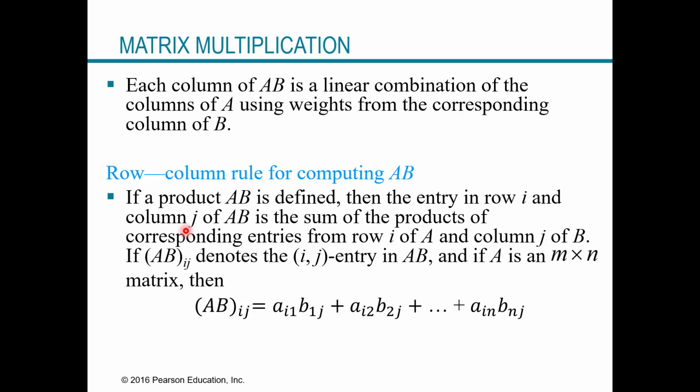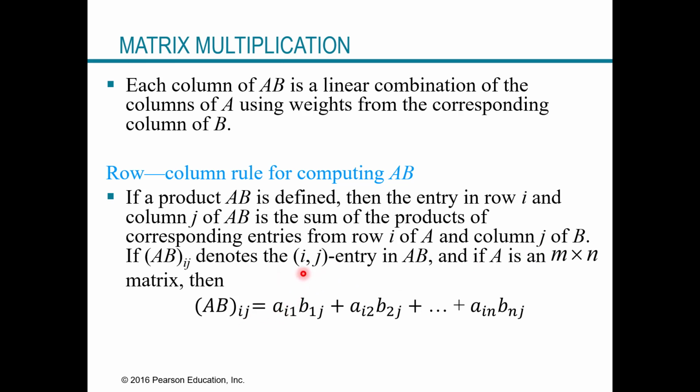Let's say we're looking at the first spot, so row 1, column 1. Then that entry is found by doing the sum, so you're adding the products of the corresponding entries from row 1 of A and column 1 of B. I'm just using an example where I and J are 1. So in general, this is how you get each entry of your product.